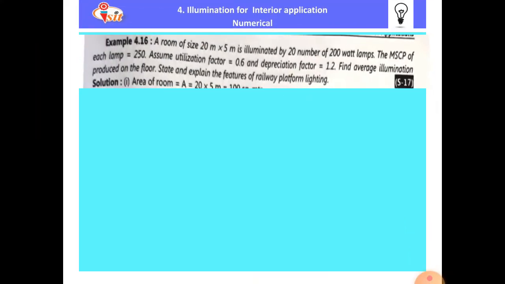So first we have to find the average illumination E. For that purpose they have given data like MSCP, as we are going to use the MSCP formula from the first chapter.